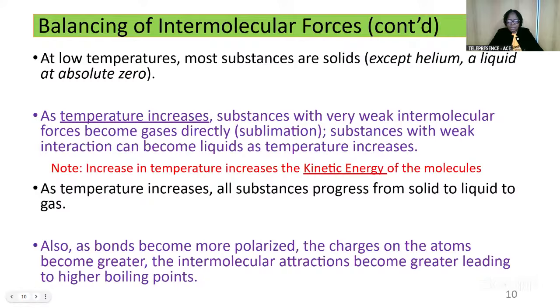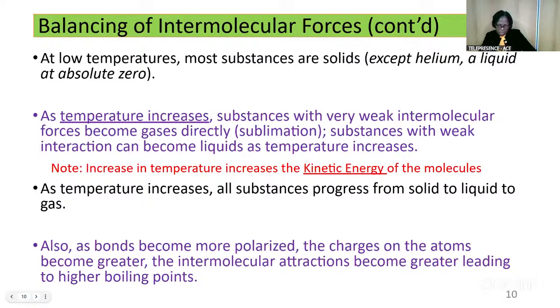It sublimes straight away. You don't even form this liquid. All you get is a gas as you heat it up. Substances with weak interaction can become liquids as temperature increases. So generally, we are saying that increase in temperature increases the kinetic energy of the molecule.